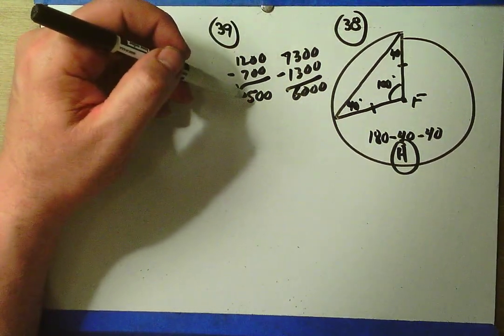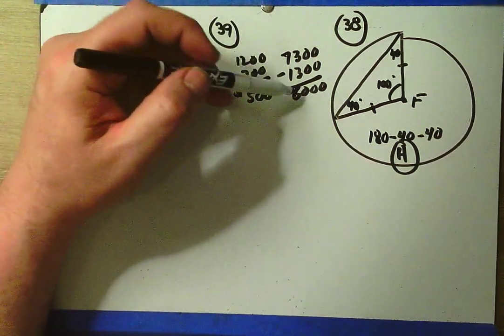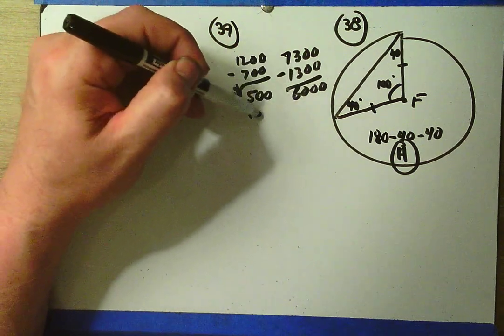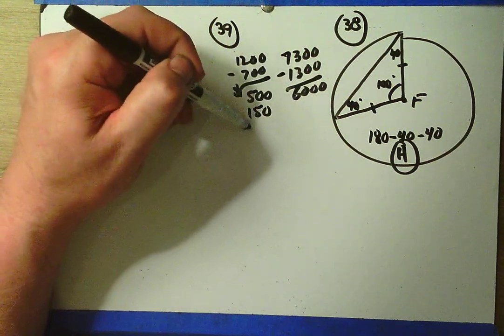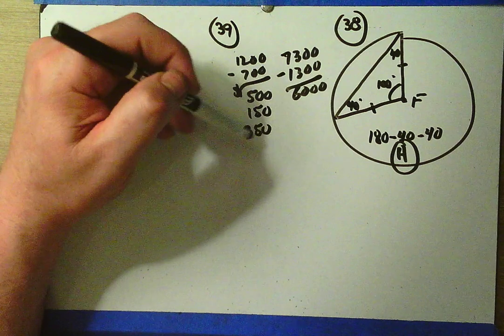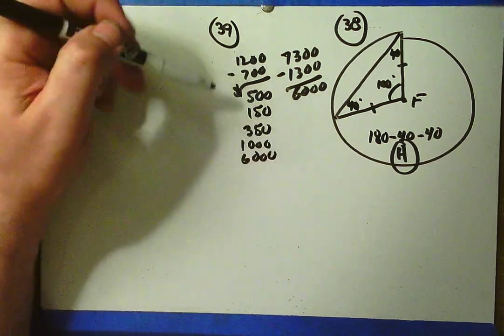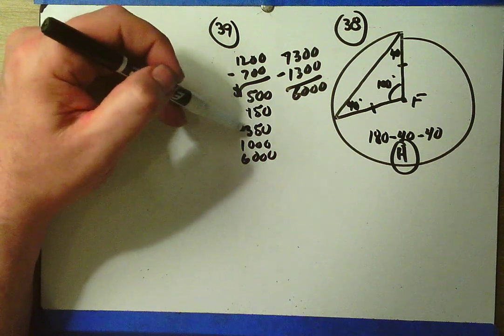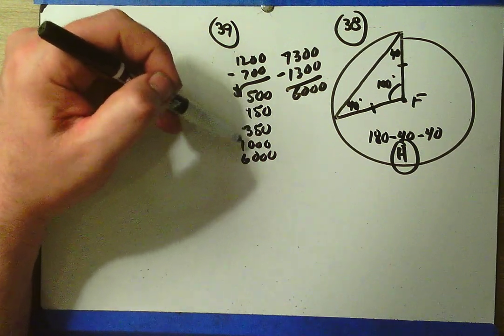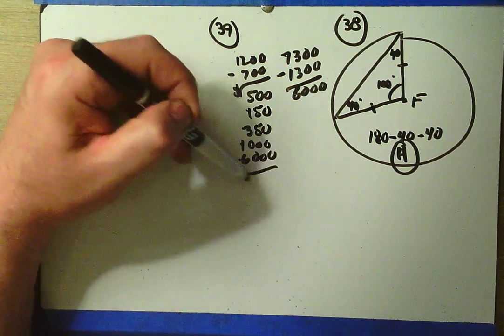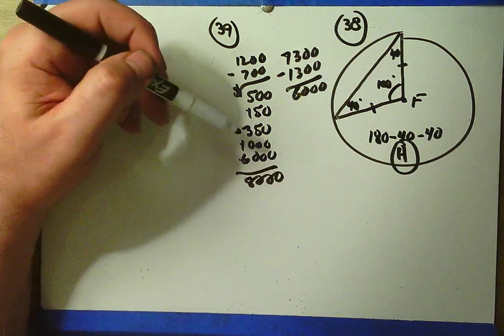We've got $500 for electricity, $6,000 for rent, $150 for water, $350 for trash, and $1,000 for office supplies. Well, that's $650, $7,000, $8,000. $8,000 total.